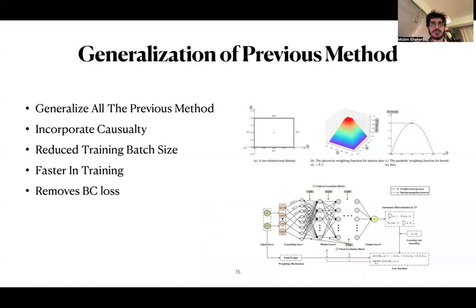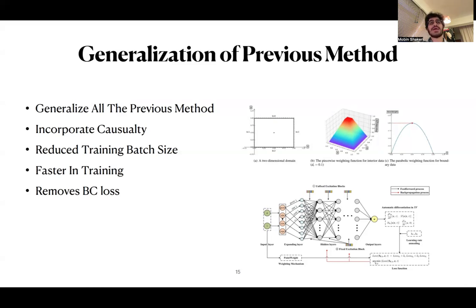The good thing about this approach is that it generalizes many of the previous approaches. For example, it is well known that the PINN method is not good enough around the boundaries of the domain. And one of the famous approaches to this is to pass the network through a weight function, as you can see here, to prioritize the middle collocation points.